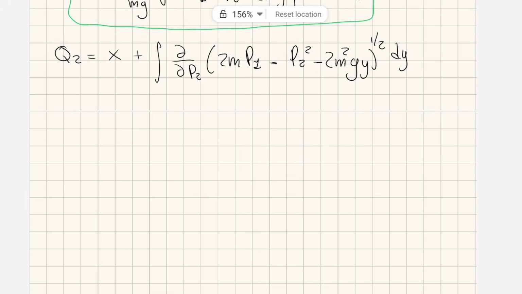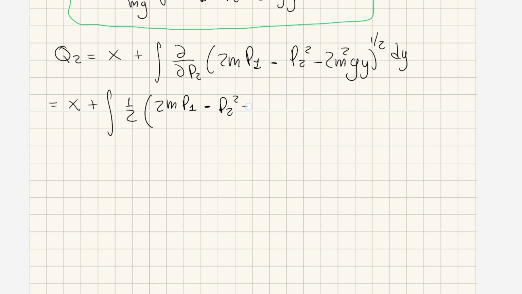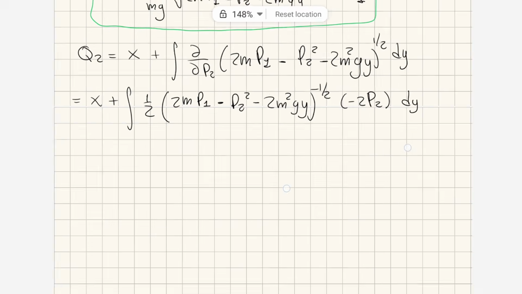So again, we are going to calculate the derivative: x plus the integral of 1/2 times 2m p1 minus p2 squared minus 2m squared gy to the negative 1/2, and then times the derivative with respect to p2 of what is inside. So that is minus 2p2, and then dy.